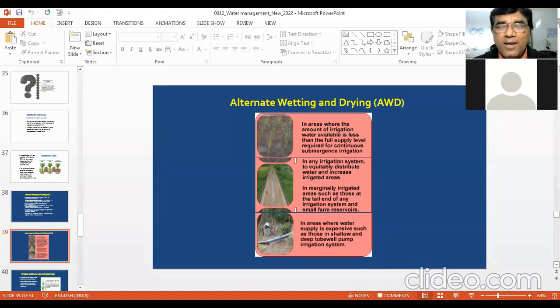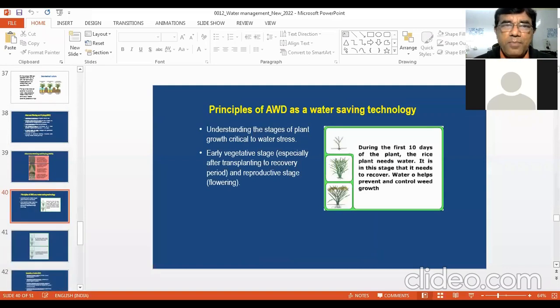So the last end is the tail of the canal, and you will see they get less water there. Also in areas where water supply is expensive, such as shallow and deep tube well pump irrigation systems. So wherever you get less water, you can switch over to alternate wetting and drying.